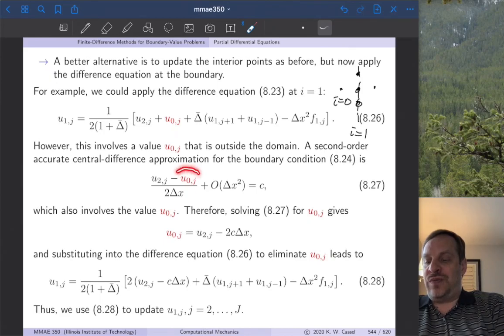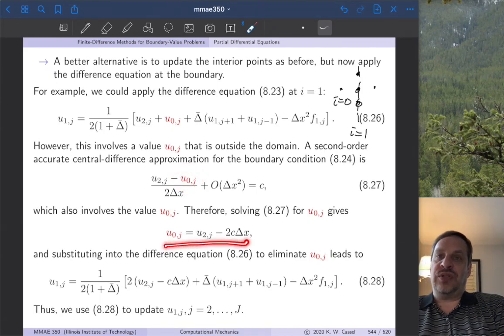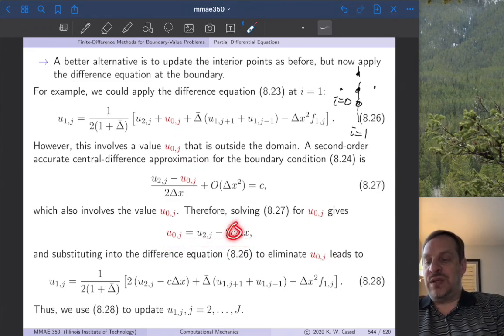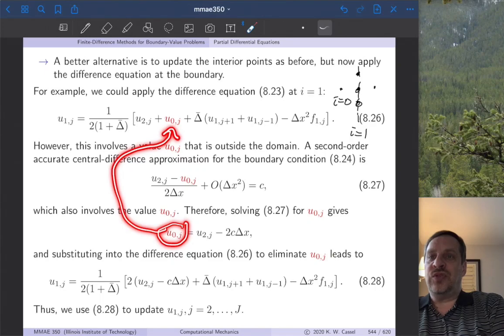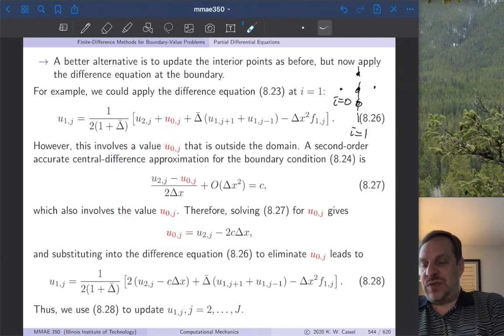So we can solve this for u0j, which I've done here. u0j is just u2j minus 2c delta x. Remember, the c is the specified flux, or the specified gradient of u. Now we substitute this u0j into here to eliminate it. In place of this, we're going to put this. And now everything is known.